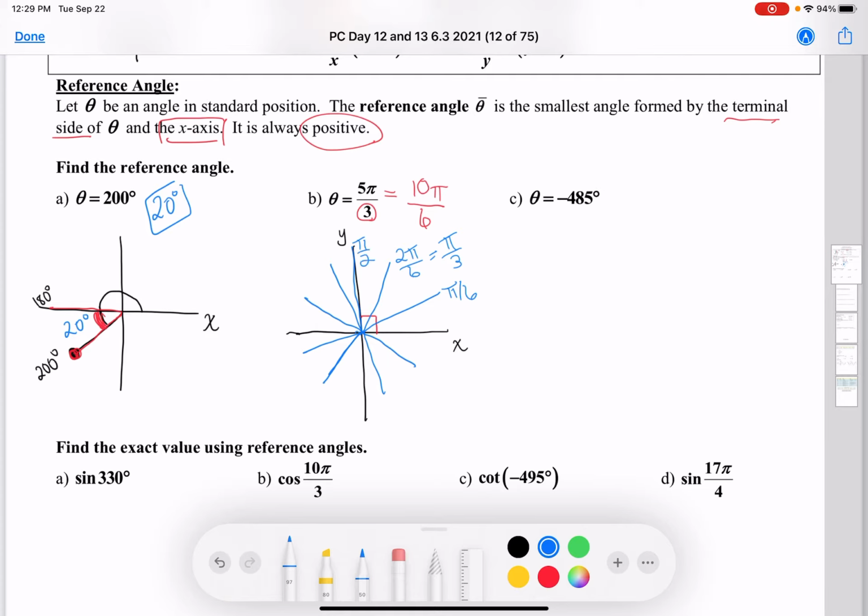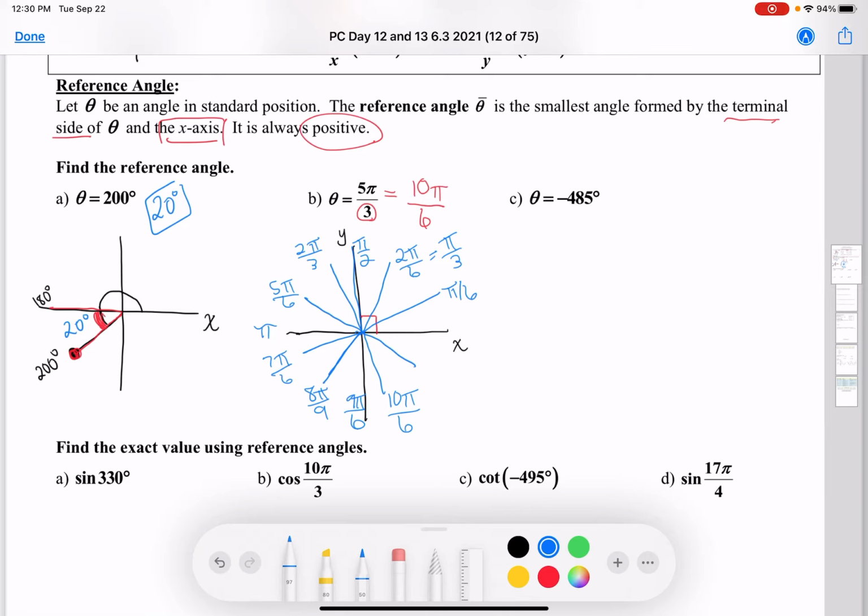Then 4 pi over 6, but I'm going to simplify to 2 pi over 3. Then 5 pi over 6, which doesn't simplify. Then 6 pi over 6, which simplifies to pi. Then 7 pi over 6. Then 8. Then 9 pi over 6, which you could simplify as well. And then we get to 10 pi over 6. Okay, so I just counted by 1 pi over 6 each blue line.